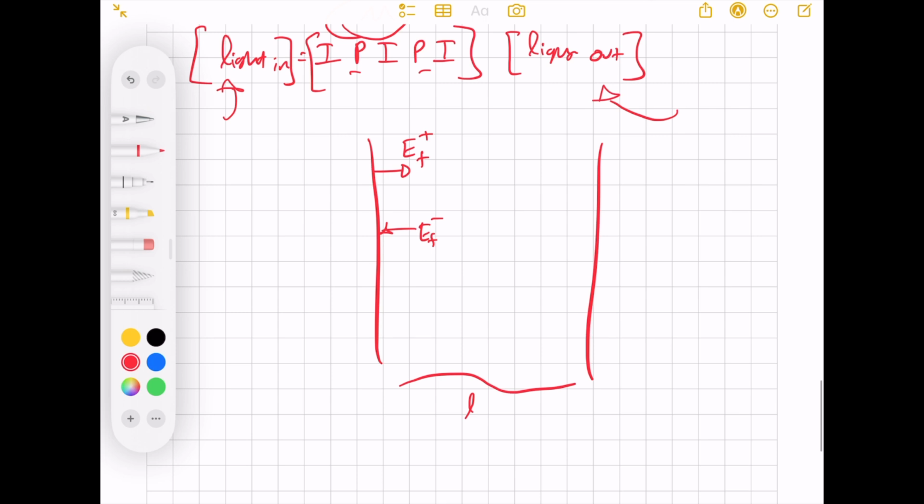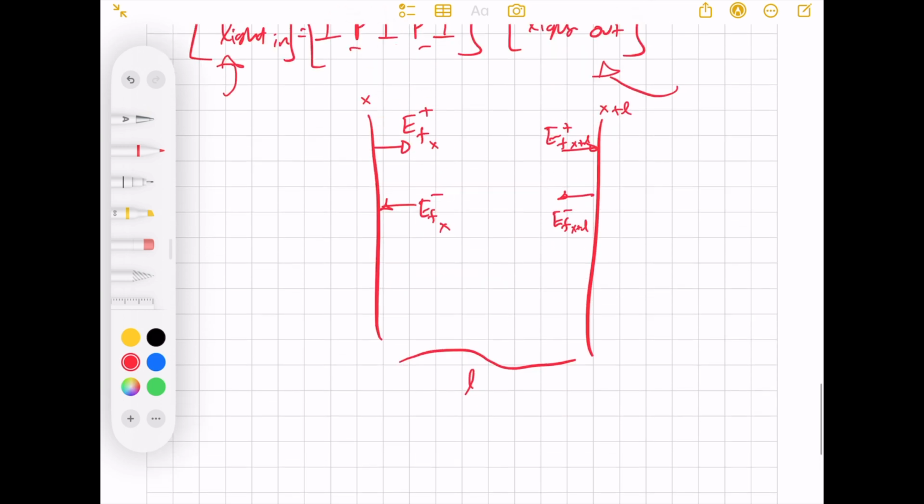So let's call this point X and let's call this point X plus L. So this would be E film plus at X. And here we're going to have similarly E film minus and E film plus, but this is going to be at X plus L.